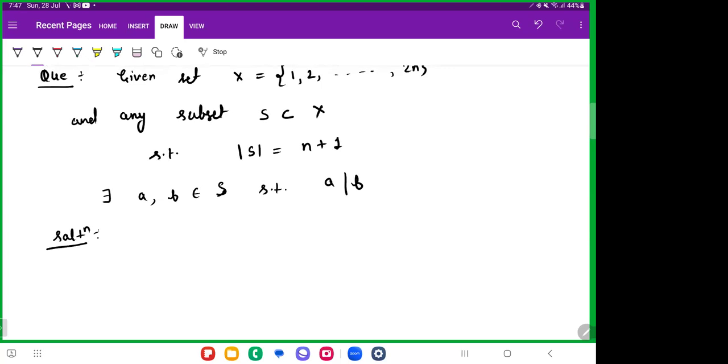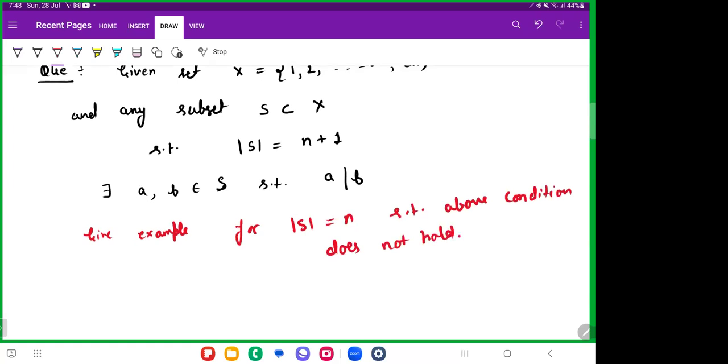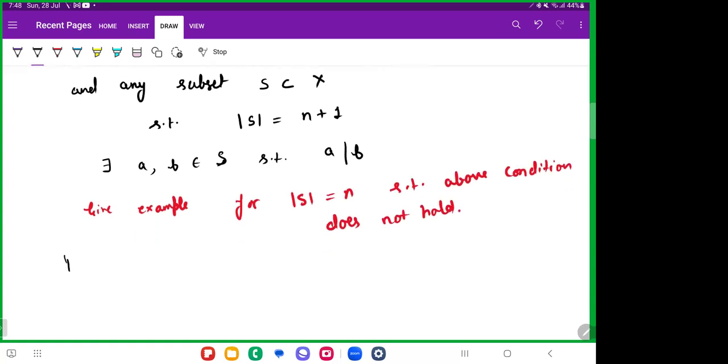Okay. So first of all, let's do the other part. Why this is not true for the n case, and give an example for cardinality of S equal to n such that the above condition does not hold. Let's start with giving a counterexample for n cardinality.